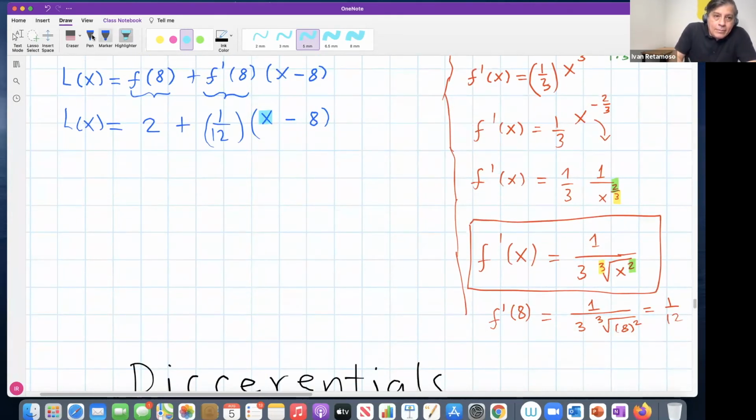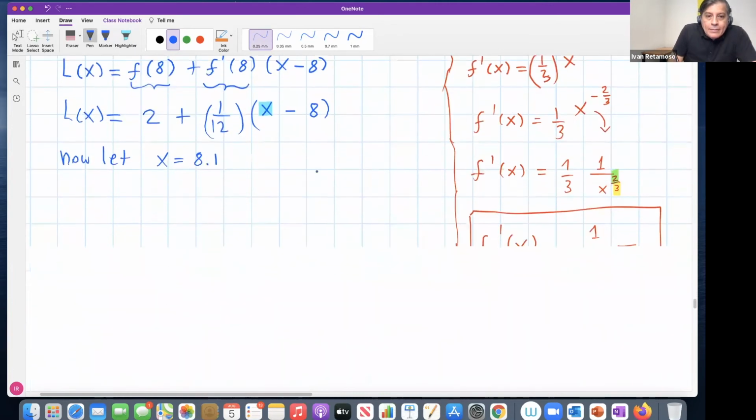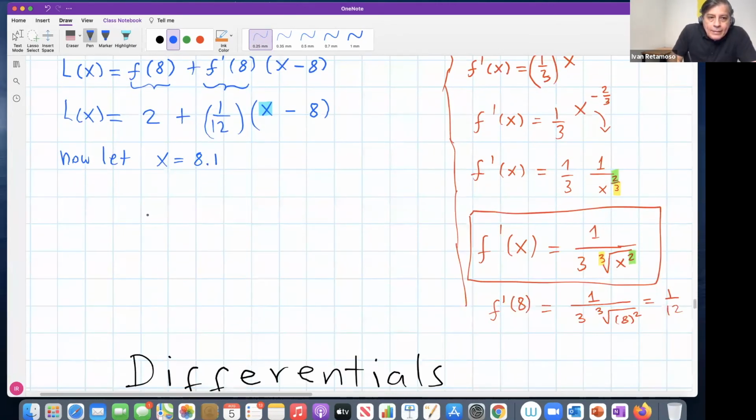And then I will compute it in the calculator. Now, let x be equal to 8.1, what they were asking you to approximate. So we do that, then our linearization should be 2 plus 1 over 12 times 8.1 minus 8.